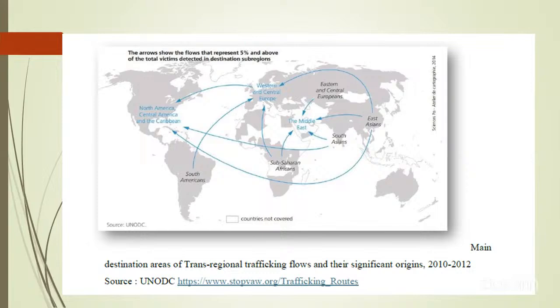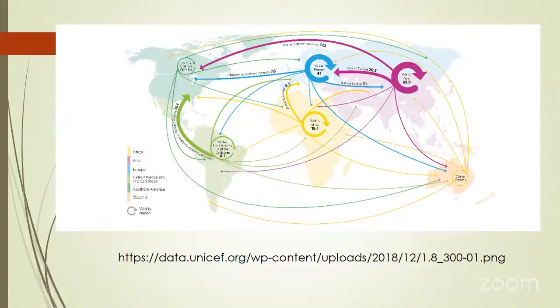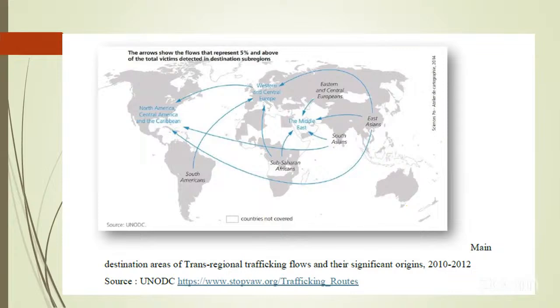So if you see, and you can check these maps on Google, it shows 5% and above of total victims detected. Now, in terms of trafficking, because it is based on detection, if you do not detect, you do not know whether the person is a trafficked individual or a migrant.